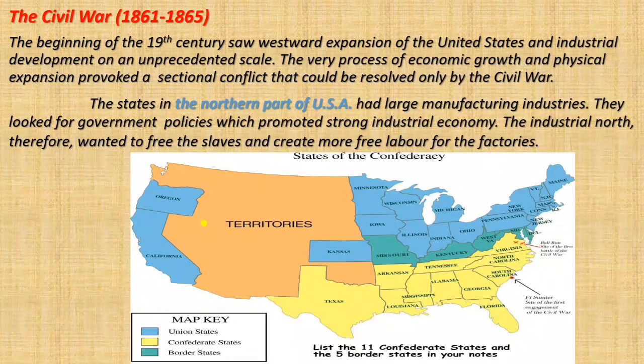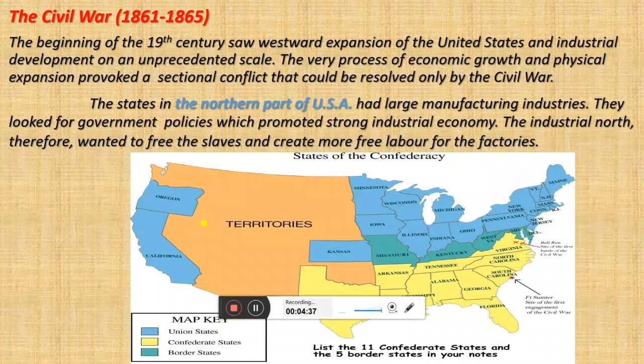Students, you can see in the map, the blue shaded part refers to the northern states. The yellow shaded parts refer to the Confederate states or southern states, and the light blue parts, Missouri and Kentucky, were both border states.